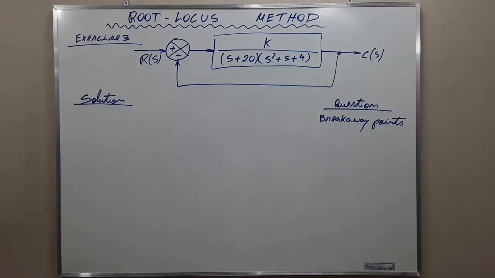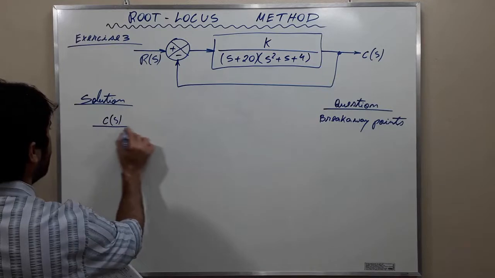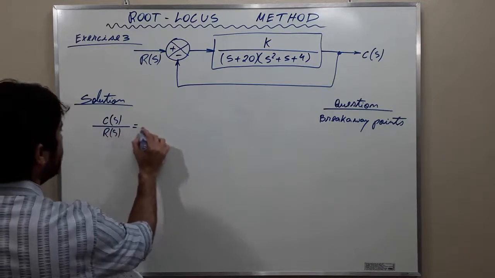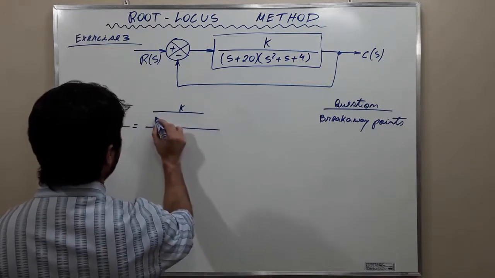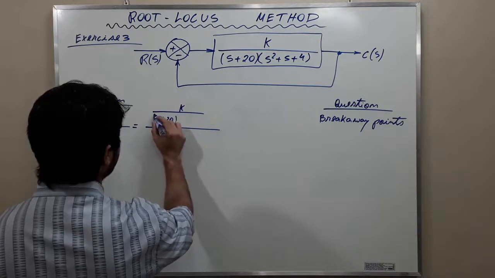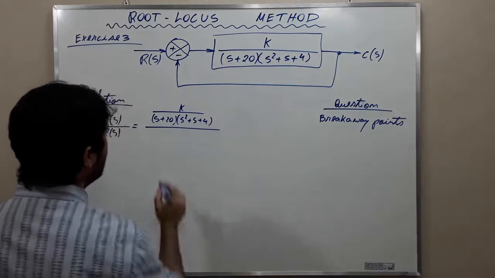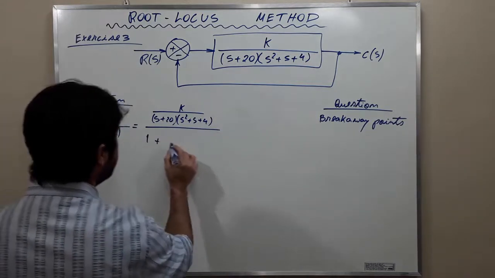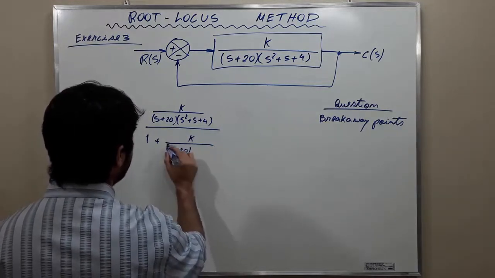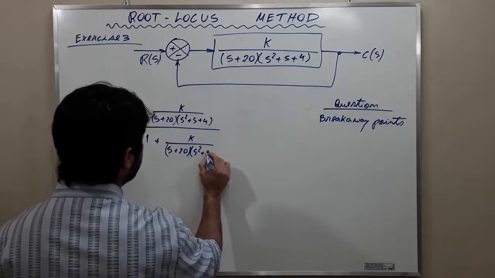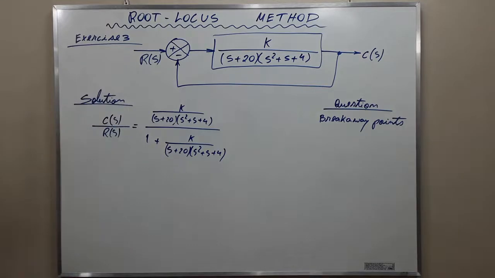The transfer function is going to be C(s) over R(s) equal to K (s plus 20) over (s squared plus s plus 4), divided by 1 plus K (s plus 20) over (s squared plus s plus 4). Okay? This is the transfer function.